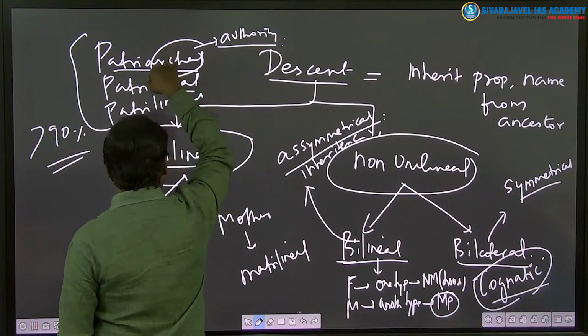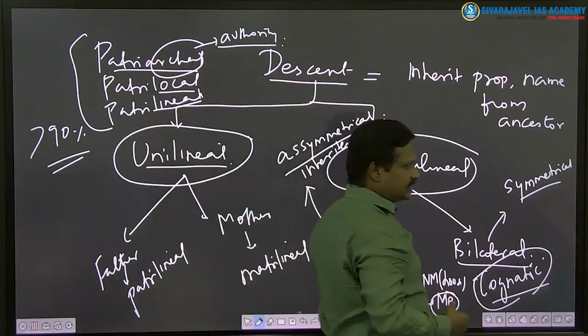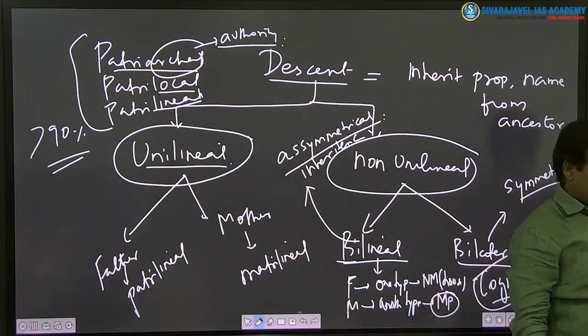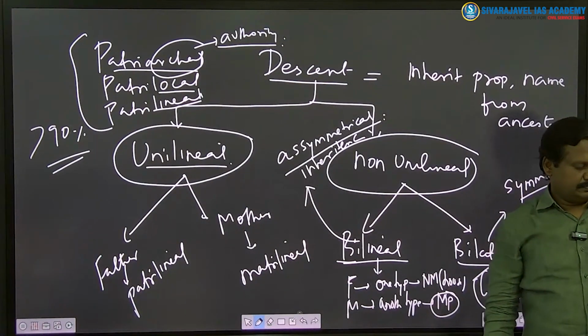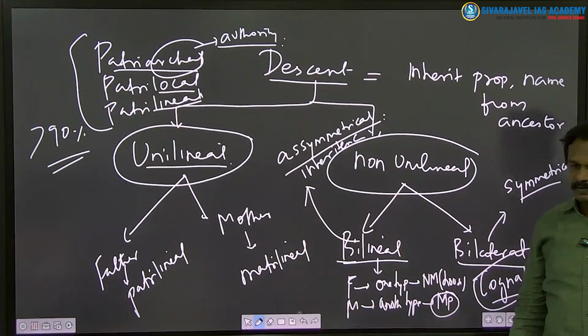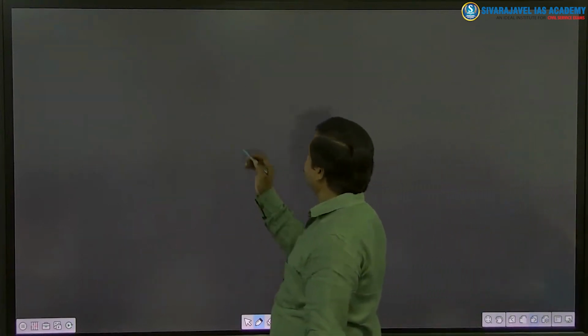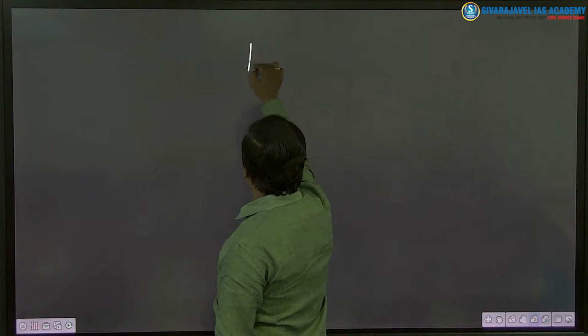Local means you reside in the house of the father. Lineal means you take property from your father's side. Right? So this is about the descent system. Then we have kinship terms.